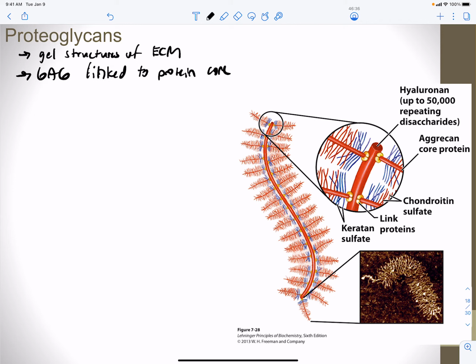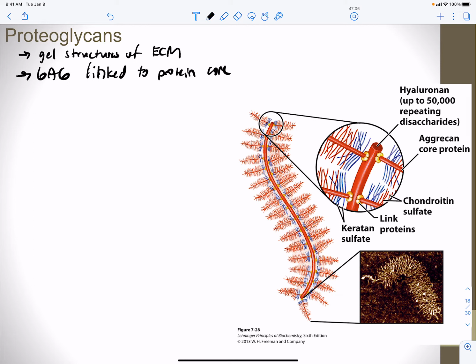Now these are going to have repeating units of disaccharides, and one of the sugars of the disaccharides is going to be an acetylglucosamine or an acetylgalactosamine. Hopefully you remember those from earlier in biochemistry. And then the second is going to be usually an acidic sugar, like a glucuronic acid or an iduronic acid.